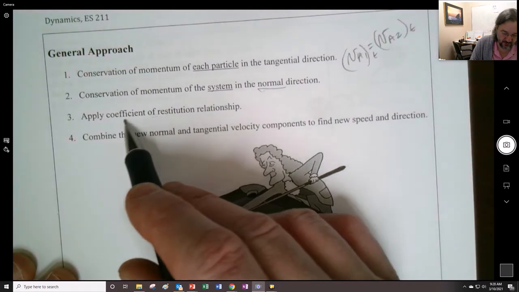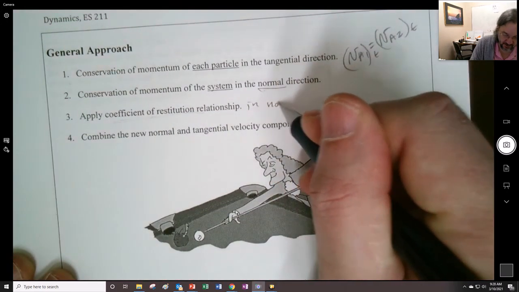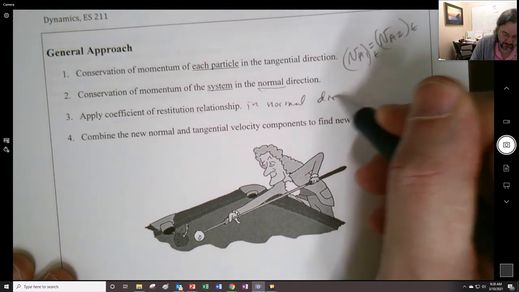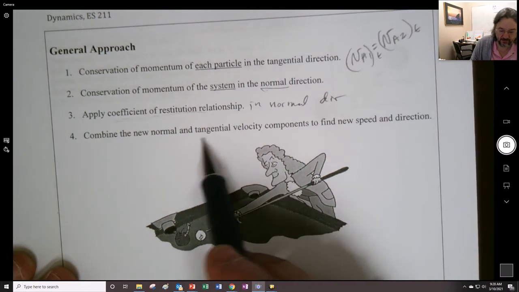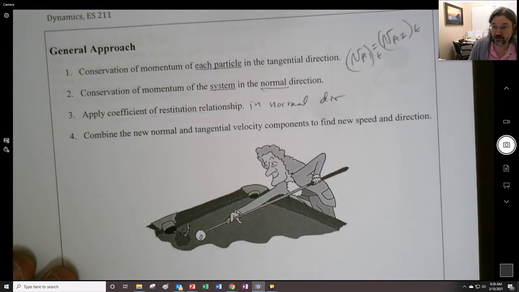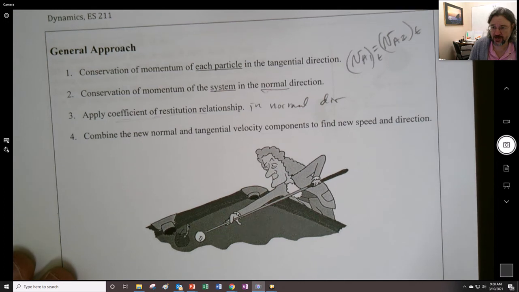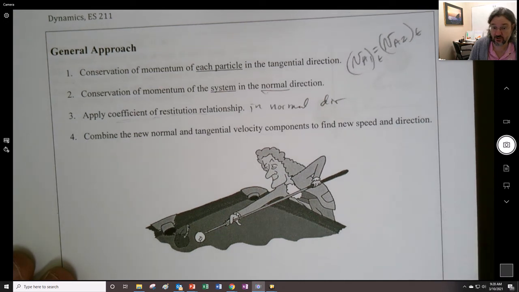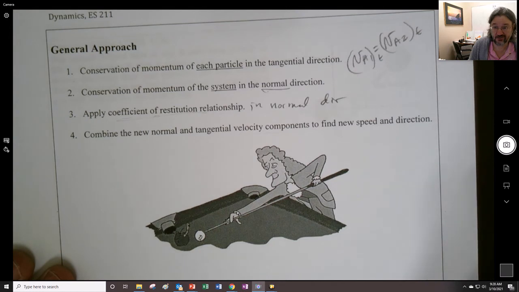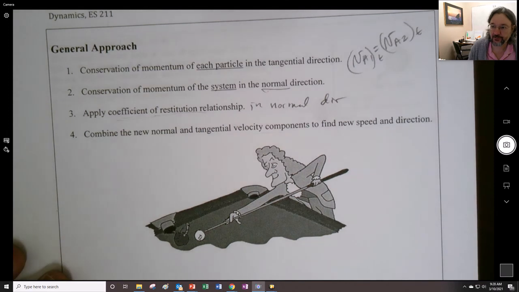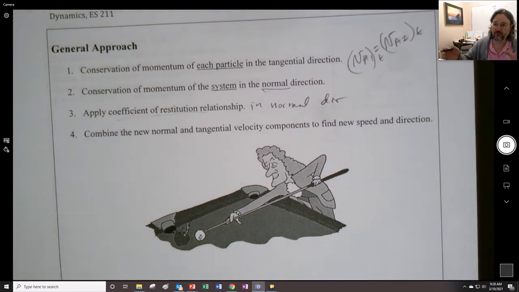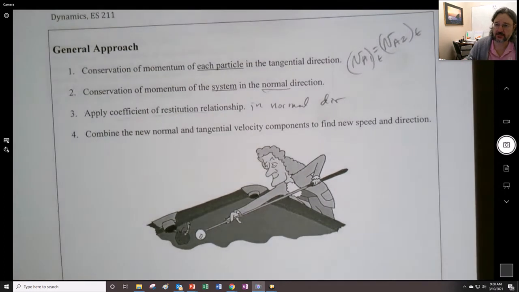Apply a coefficient of restitution in the normal direction, and then we combine the velocities we get afterward to get a magnitude and a direction. We have to be careful that the angle is probably going to be in the normal and tangential coordinates, so we need to add that new angle to the angle of the orientation of the normal axis. So I want you to be aware of that.